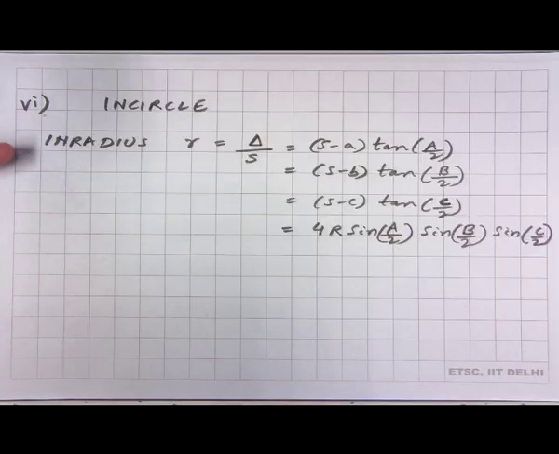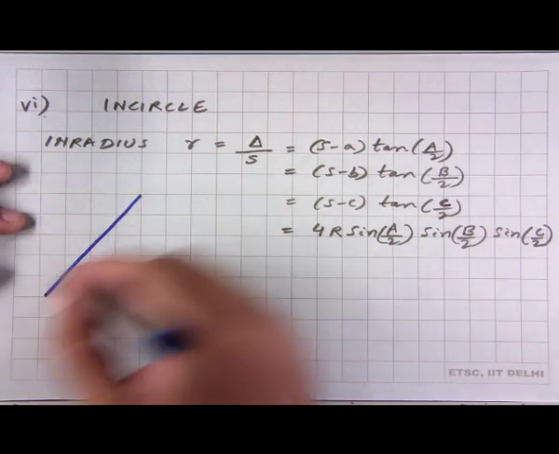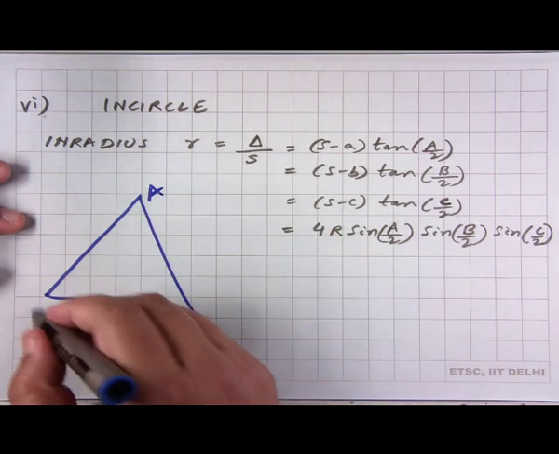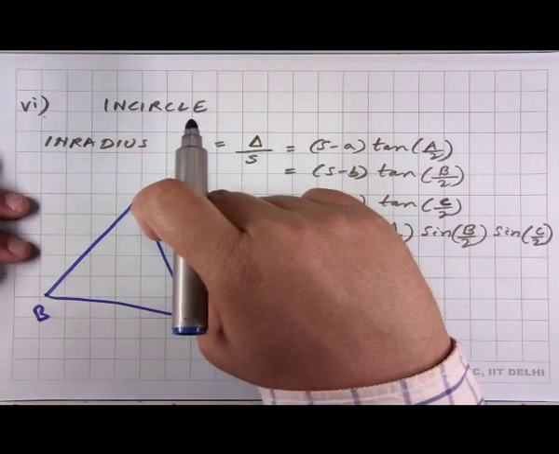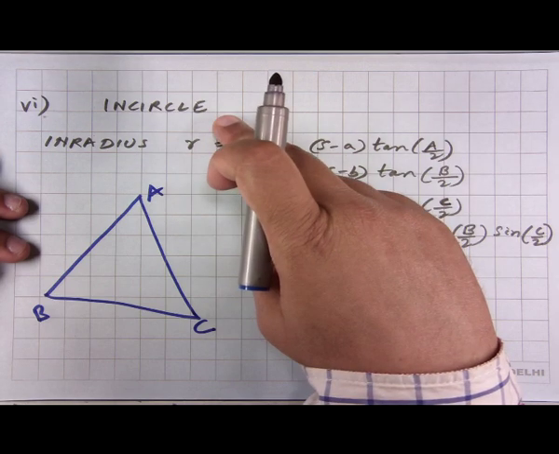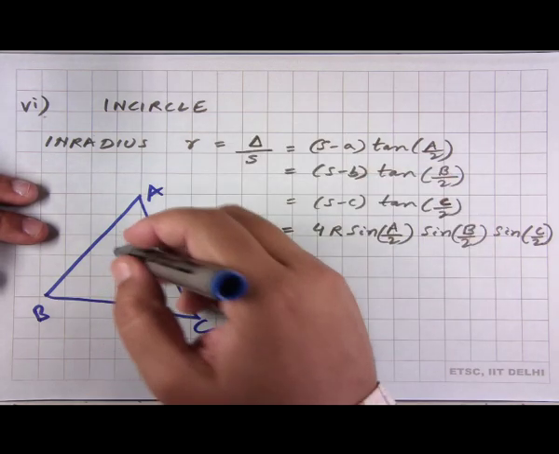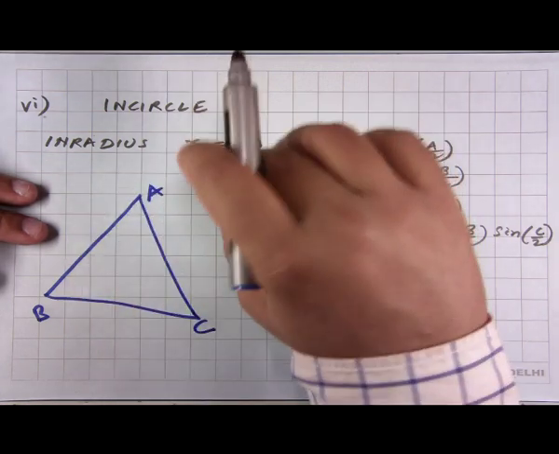We had also defined and analyzed another circle called the incircle. So, for any given triangle ABC, there is always a unique incircle. The incircle is the circle which touches all sides at exactly one point.